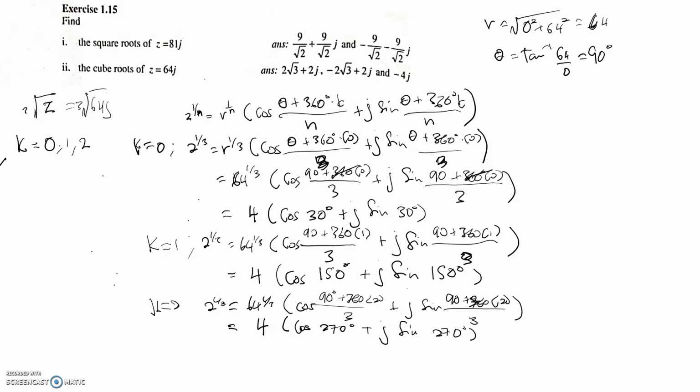Again, you need to change each of these into its form of a plus bj. Don't forget that. And then you will finally get the answer. So basically it will have 3 answers. As you can see here, it will have 3 answers. So the larger the root value that you need to find, the bigger the number of answers that you need to provide, right? So that is actually the root in complex numbers. Thank you.